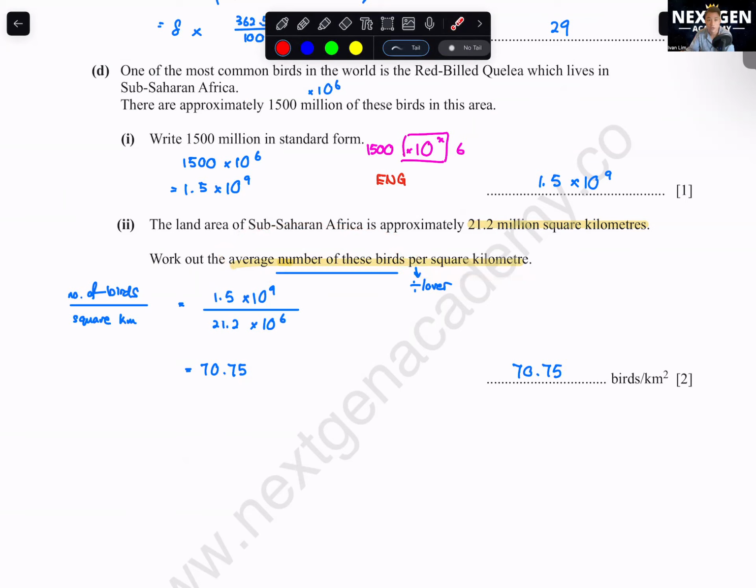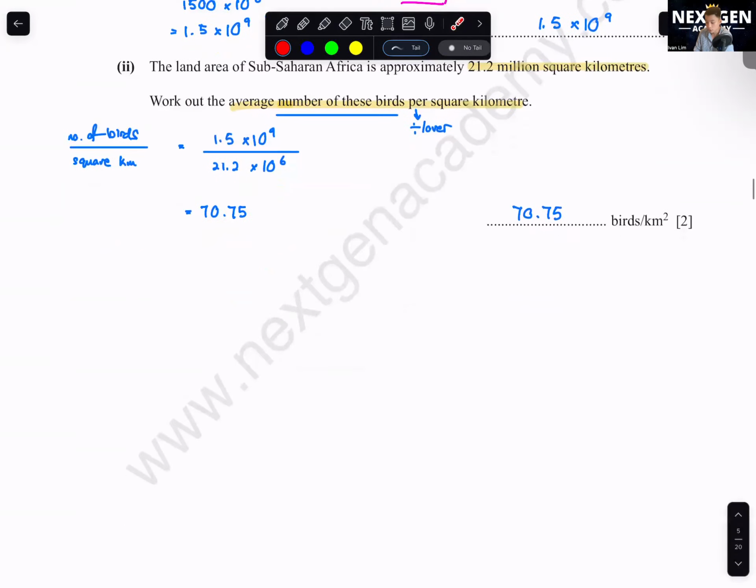In some past papers you will see the words least number. Then that one, you round it up.